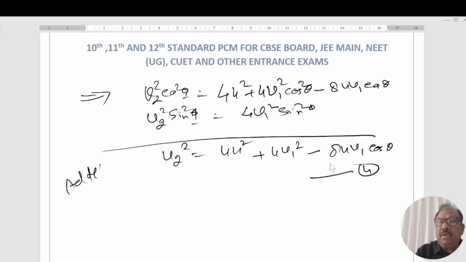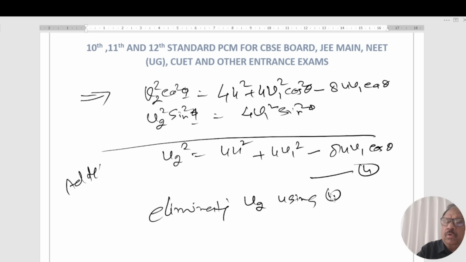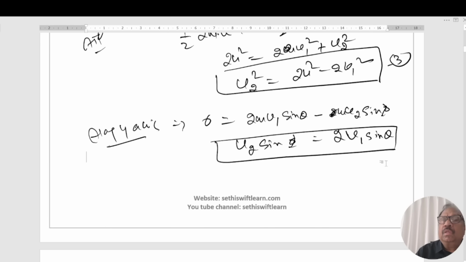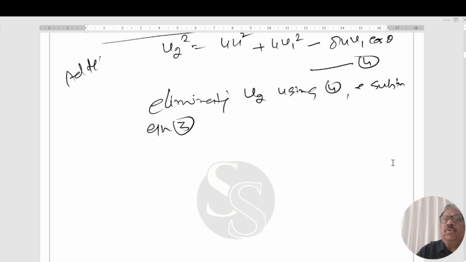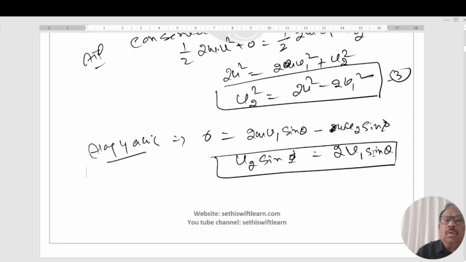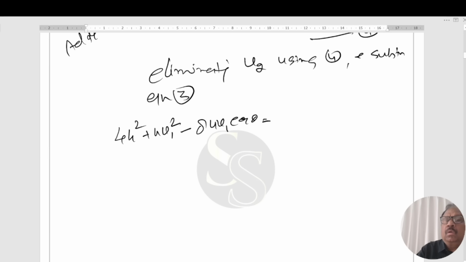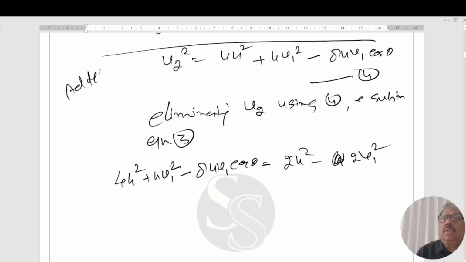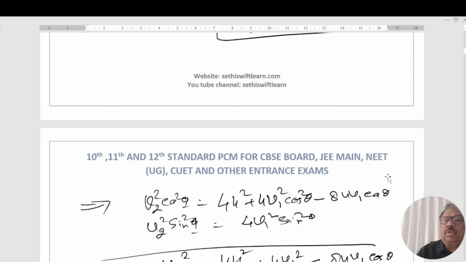Now our requirement is to find the equation in v1 and theta, eliminating v2 using 4 and substituting in equation 3. What is equation 3? v2 square: 4u square plus 4v1 square minus 8u v1 cos theta equals 2u square minus 2v1 square. Let me confirm once more: 2u square minus 2v1 square.